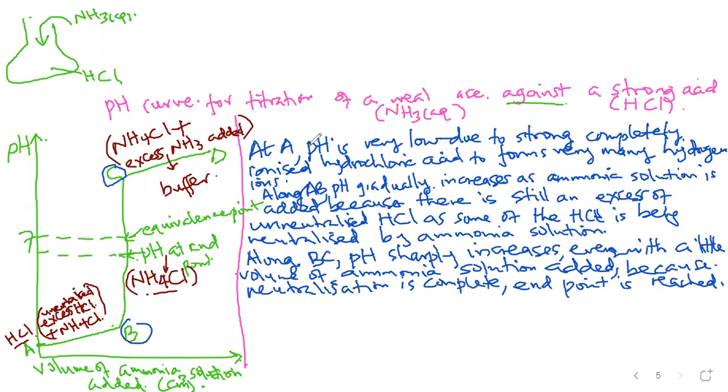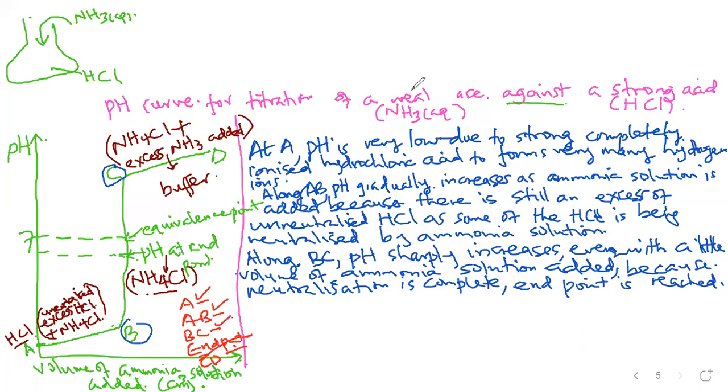So as I've already told you, we divide our curves into regions to talk about. We talk about A, AB, BC, the endpoint, where is it and why, and CD. So we have finished A, AB, and BC.